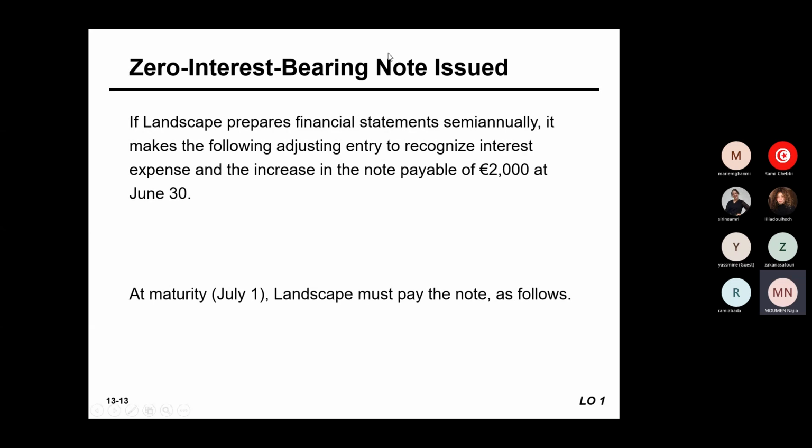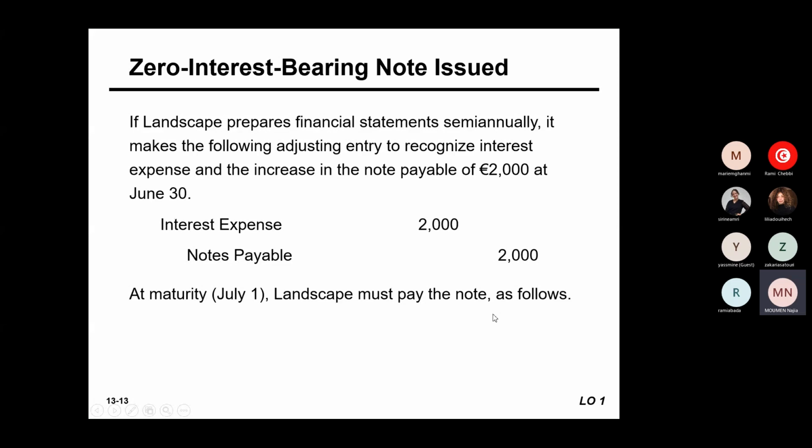When we talk about recognizing interest expense, we debit interest expense and we credit notes payable. So see the difference when it is a zero interest bearing note: this amount of interest won't be reported as interest payable, but instead it will be reported in notes payable, because at maturity date I should pay the 102,000 and it was issued at 100,000, so my notes payable should be increased by 2,000.